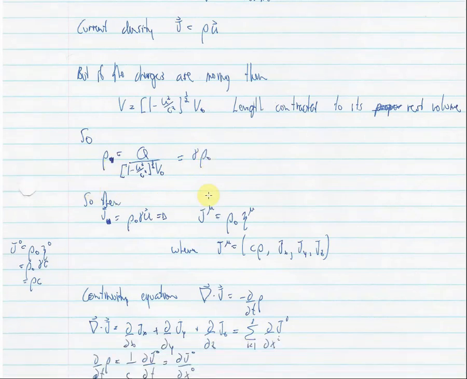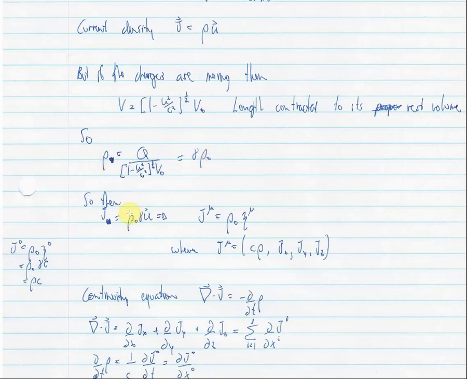And also, when we look at current density, we can think of this two ways. Either this current density is going to be rho times u, just as we had here, but we know that rho is gamma rho naught.